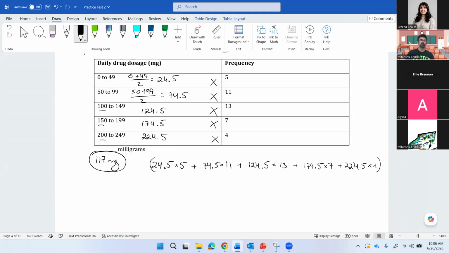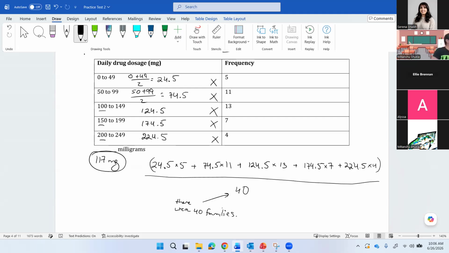And I took all of this and I divided it by 40. Why 40? Because there are 40 families. Okay, questions, comments, concerns? Falling asleep?